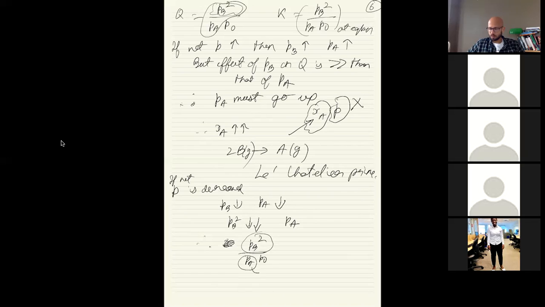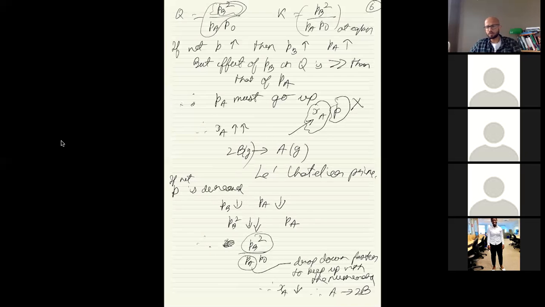So you want this term to drop down faster to keep up with the numerator. And why do we want to keep up with the numerator? Because if we don't, then Q, which was equal to K at equilibrium, will become non-equal. Therefore, XA must go down. Therefore, A going to 2B becomes the preferred direction. And this is exactly the Le Chatelier principle.